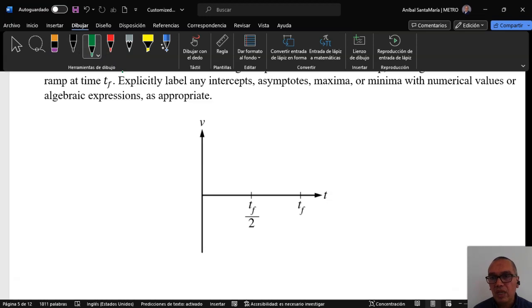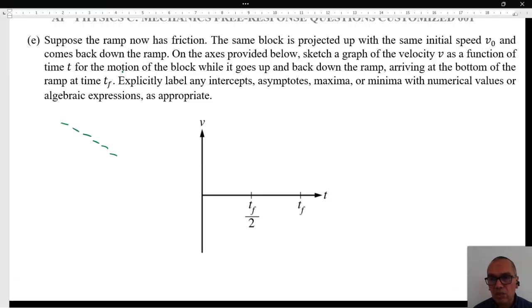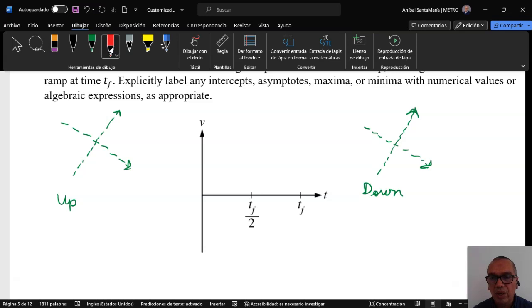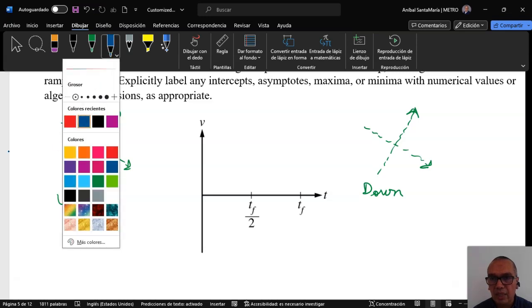Now, if we want to analyze what's happening with the velocity, we need to consider the acceleration, which now we have no reason to think is the same going up and going down. The reason is that if you look at the forces, the direction of the forces is not the same because now we have an extra force acting here.